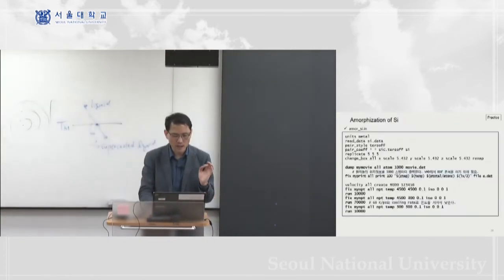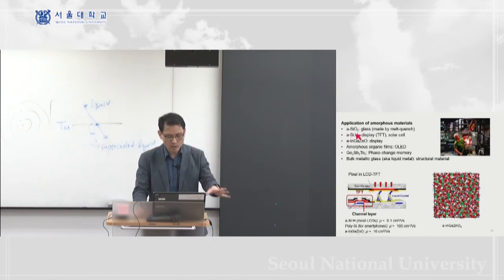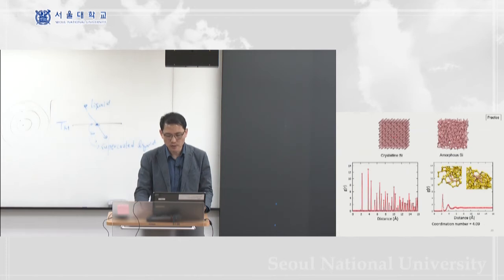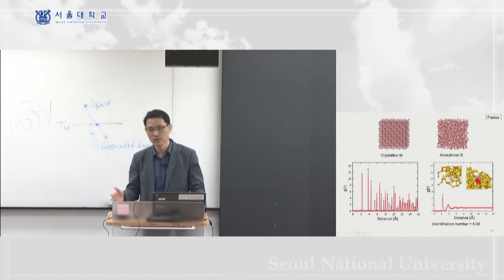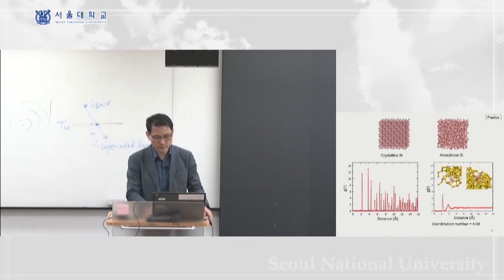So that's why people are hydrogenating amorphous silicon, right? By providing hydrogen, this hydrogen will effectively passivate some of the structural defect sites, and so it removes those charge defects.